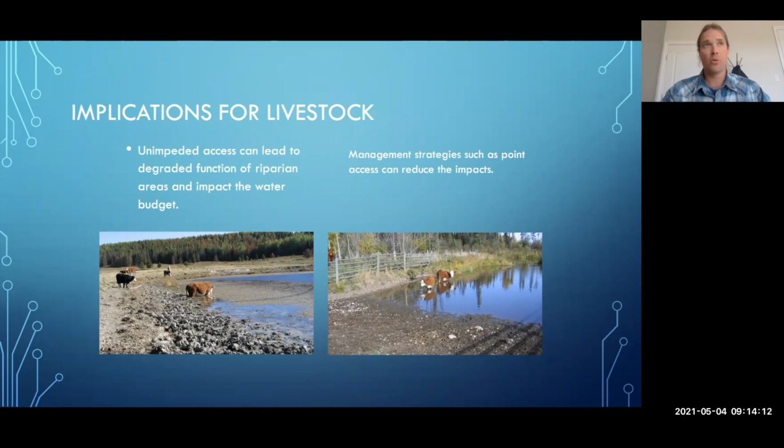But it also puts some emphasis on the things we can do to limit the impact livestock can have on heavily used ponds. Recognizing that there are management strategies that can be used to reduce these impacts is also an important thing to consider.